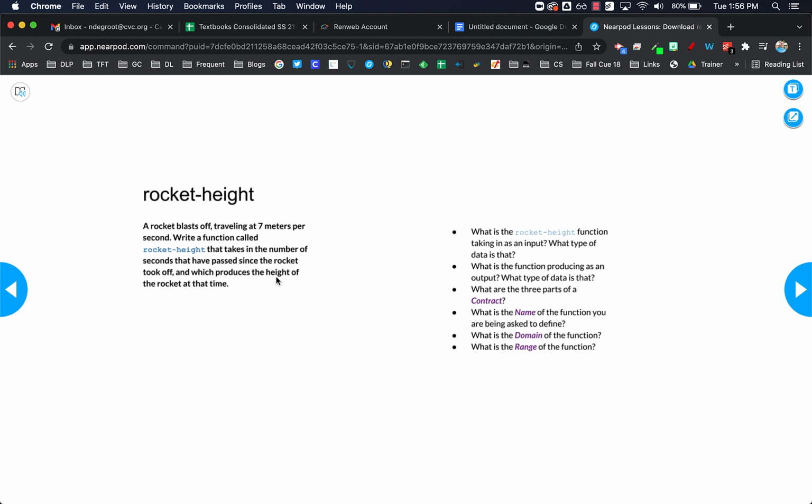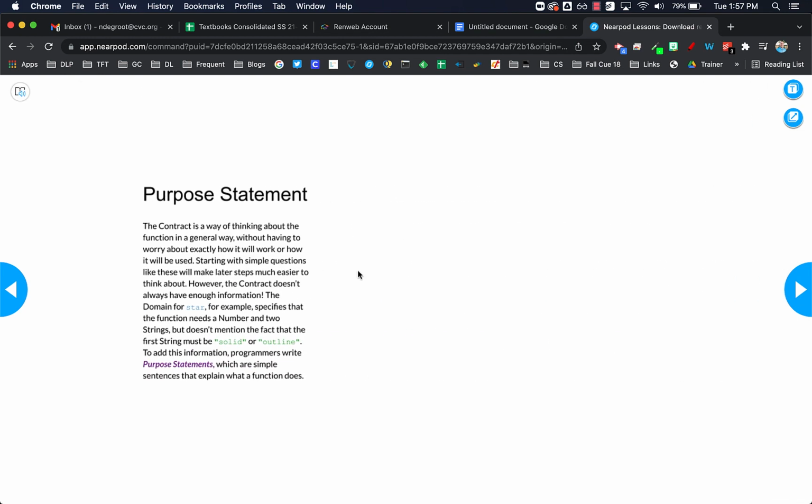Okay, what is the height? Is it a number? Is it a string? Is it an image? Is it going to give us an image of how high that thing is? And what we realized is that, if I ask you what your height is, you're giving me back a number. Now, that number might be like 5 feet 4 inches, but that is a number. That's not a string. So we realized that this is taking in a number and it's producing a number.